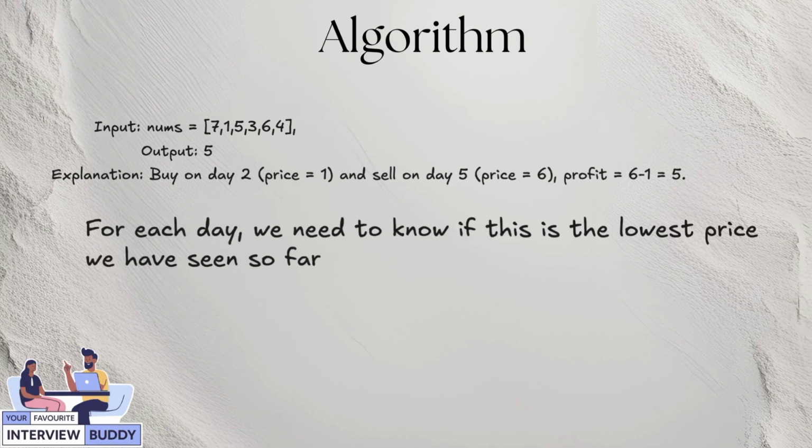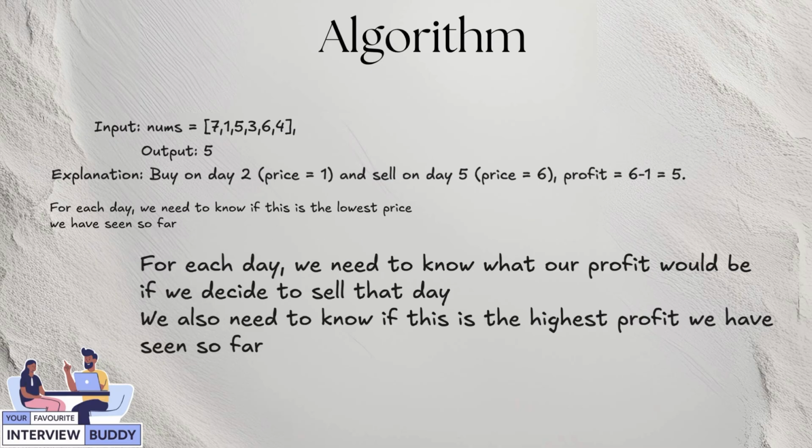How can we know the maximum profit we can ever make given this array of prices? First, we need to keep track of the lowest price we have seen so far as we go through each day.